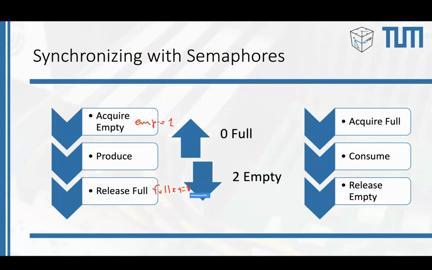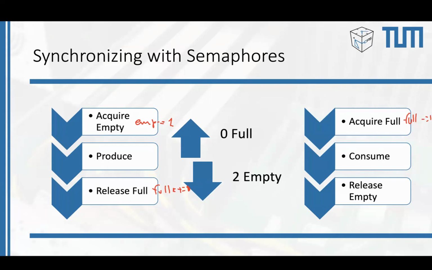Now, the consumer on the other side is going to do exactly the inverse. It's trying to acquire full, so it's going to do full -= 1. But since full is 0, it will not be able to do anything until the producer has written something into the array and as well into the semaphore.